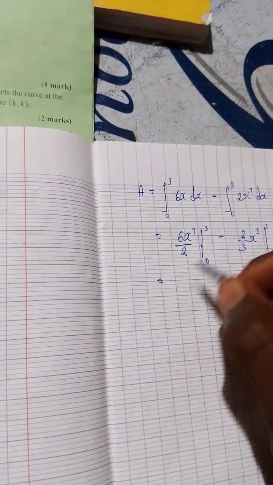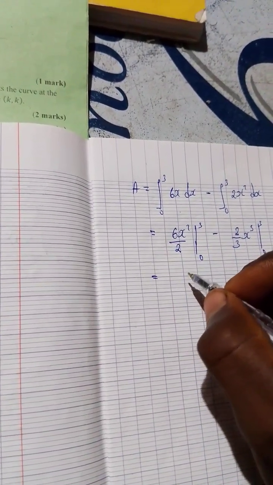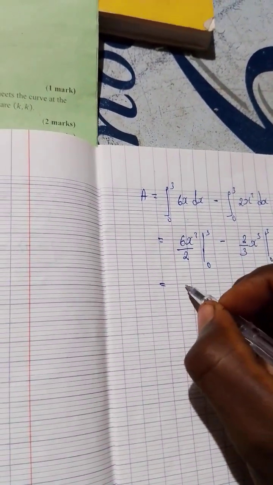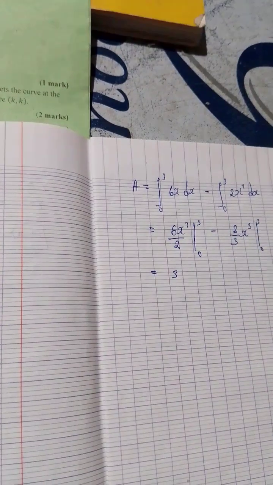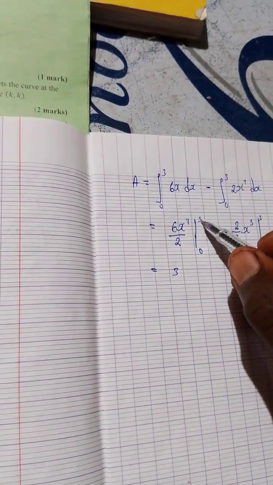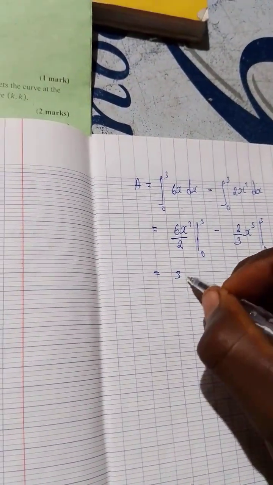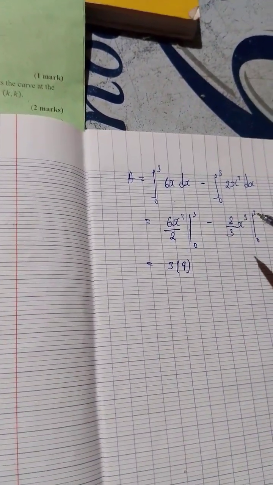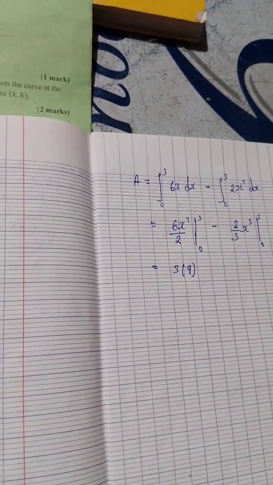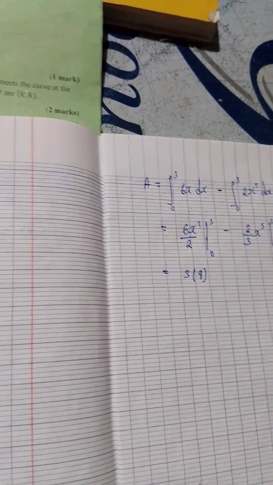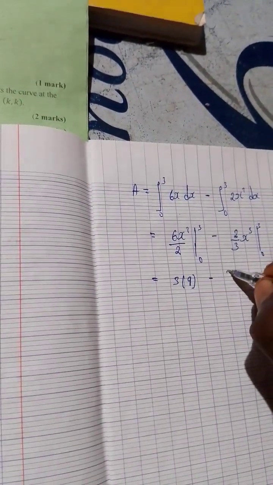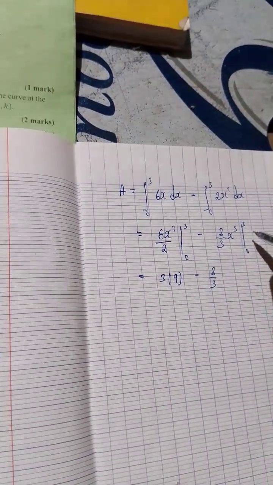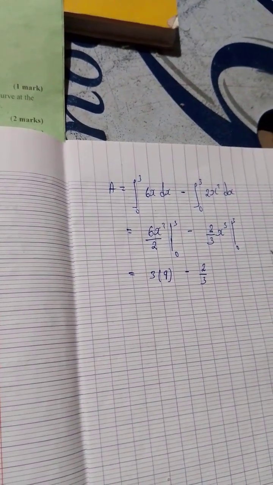Now the upper bound here is 3x squared. Now upper boundary, when we substitute, 3 squared is 9. Lower boundary, any number times 0 will still remain 0. That's minus 0. Now minus 2 third. Now 3 raised to the power 3 should be 27.